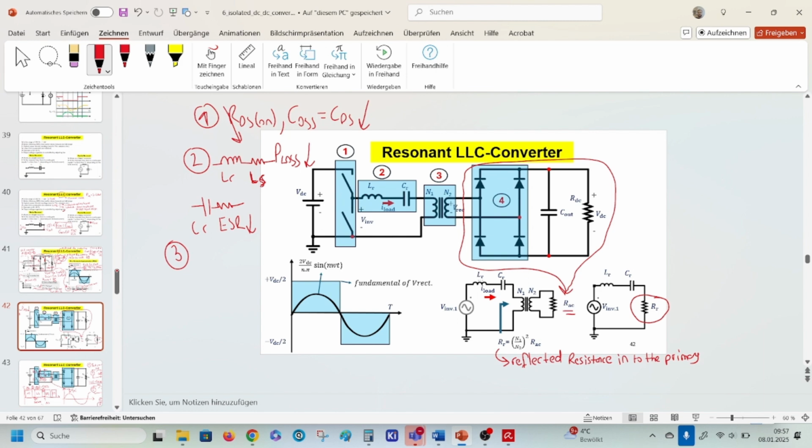It's also important to have different gain. It would look like this.